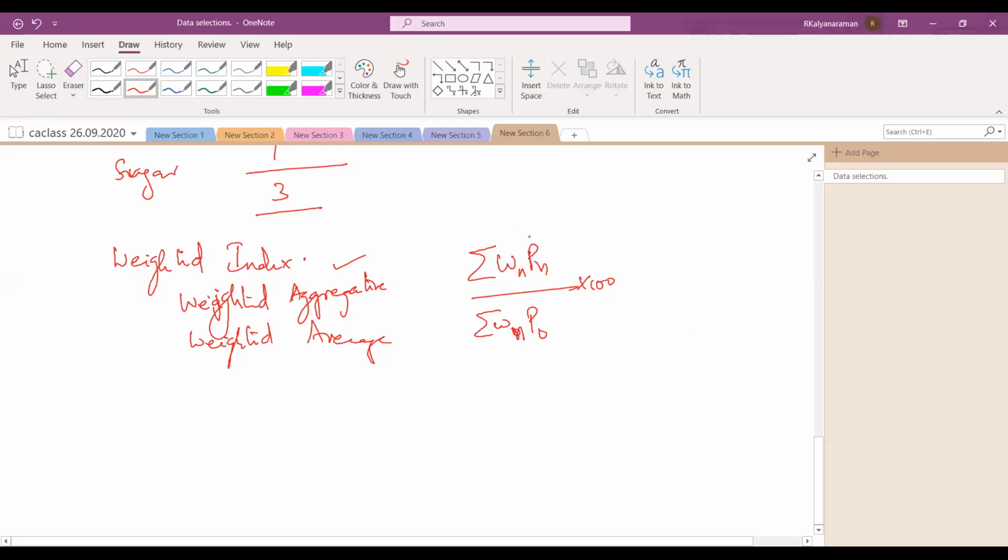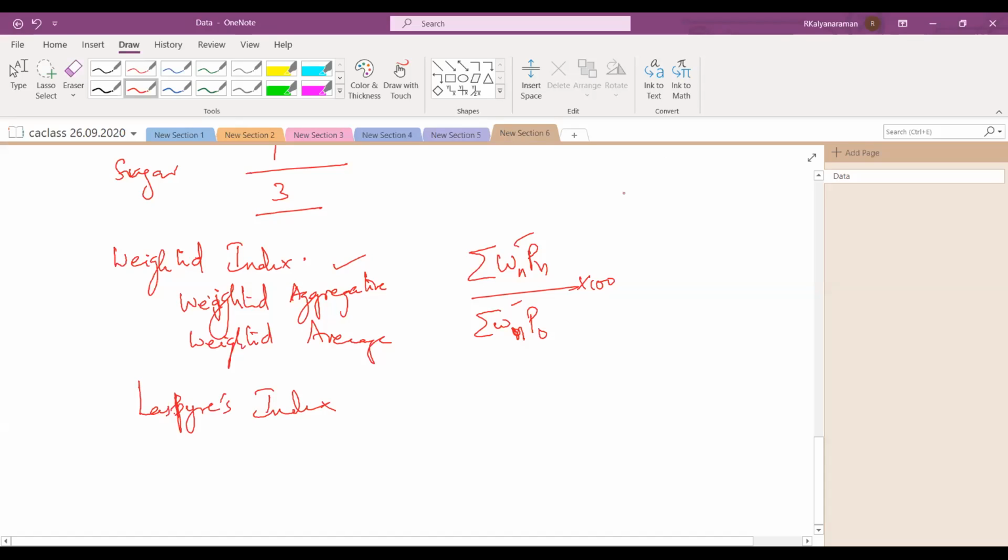So this weight may be price or quantity. So we have something called the Laspeyres index. The base year quantities are used as weights.